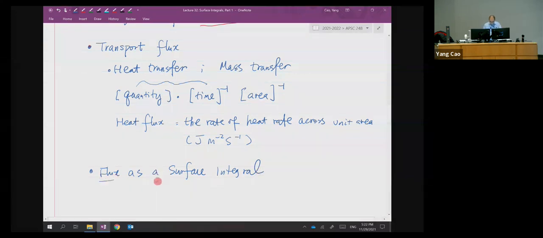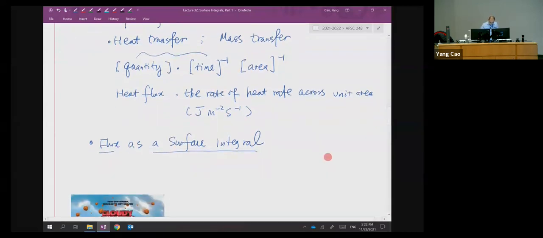So basically what we're going to present next is a surface integral, and we use that as a description of flux. That's what we're going to cover in this class.